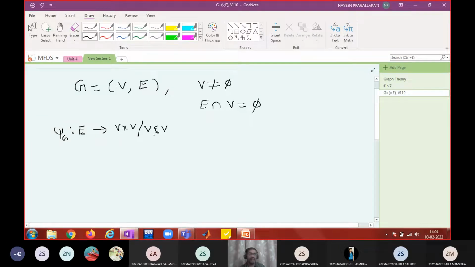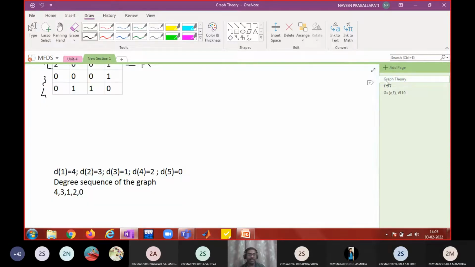If the range is a subset of V and V, that is called an undirected graph. That is what we have seen in the earlier class.